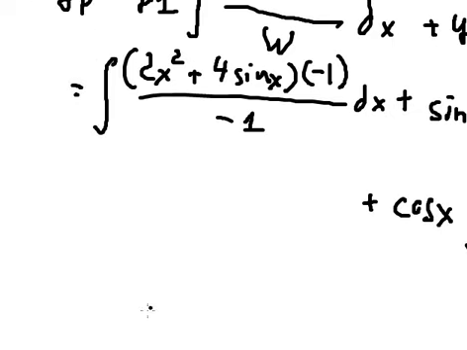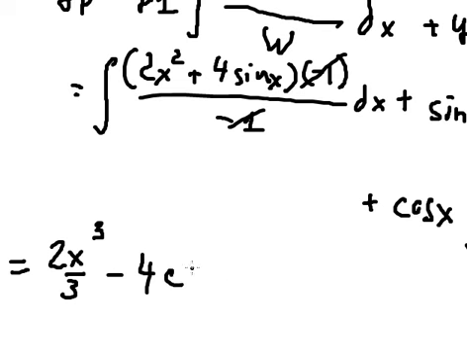So for the first one, negative number 1, we cancel. So the integration of x squared, that is about x to the power of 3 over 3. This one, we have negative 4 cosine x.